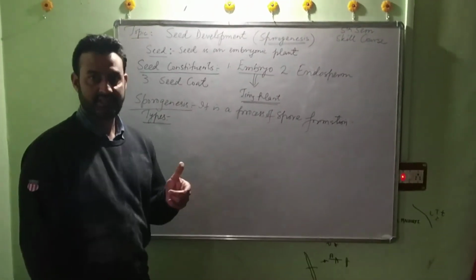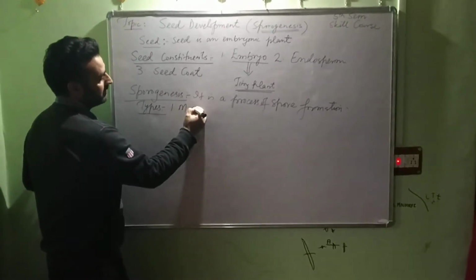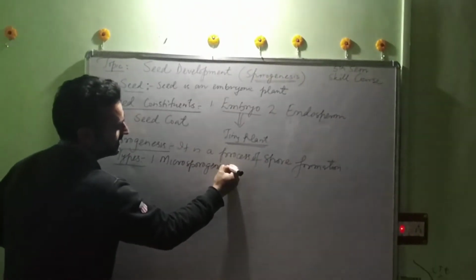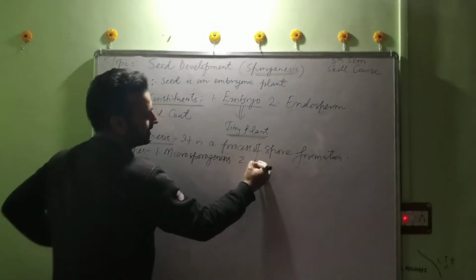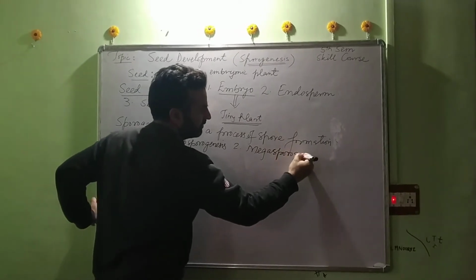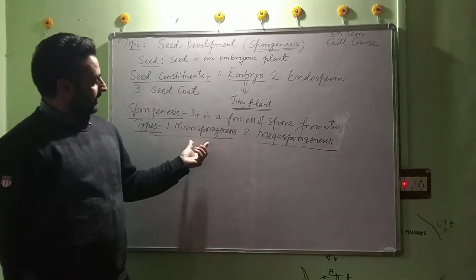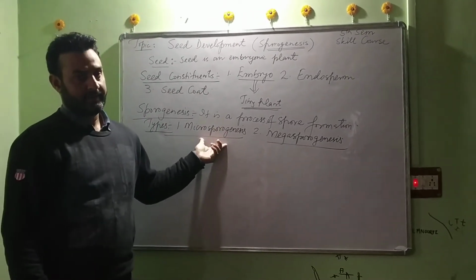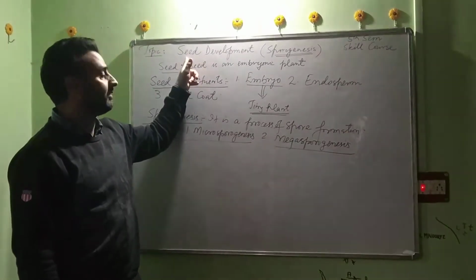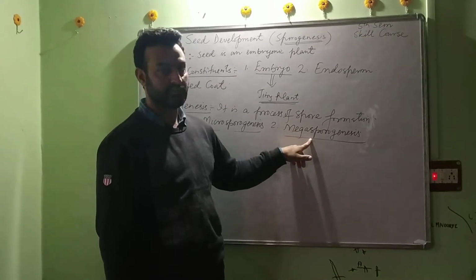One is called microsporogenesis, and the second one is megasporogenesis. These two processes are important. They are the two key steps responsible for the development of the seed. First is microsporogenesis and the second is megasporogenesis.